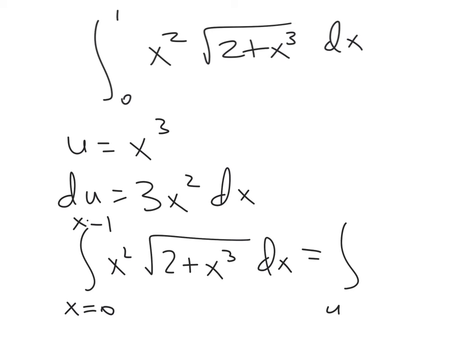When x is 0, 0 cubed is 0, so u is 0. And when x is 1, 1 cubed is 1, so u is 1. And then this square root of 2 plus x cubed becomes a square root of 2 plus u. And this x squared dx becomes a 1/3 du.